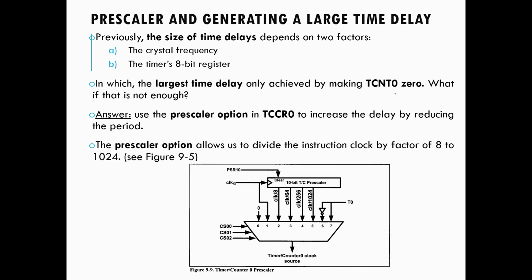So we have the prescaler 8, 64, 256, 1024, and no prescaler. For example, we have a certain value of frequency and we want to scale it. Maybe the speed is too fast or too slow, so we want to reduce the speed, or we want to increase the speed. That's why we need to have this prescaler.